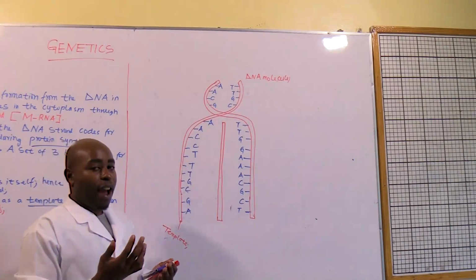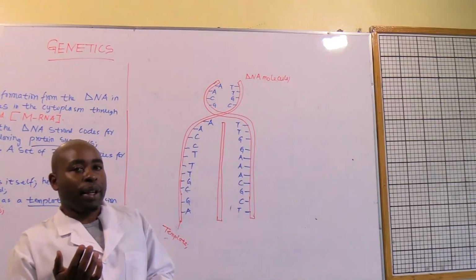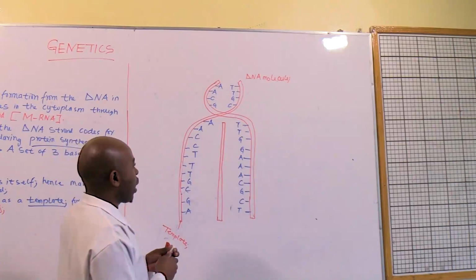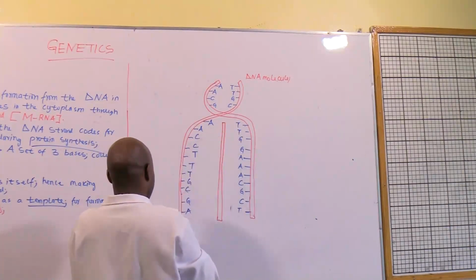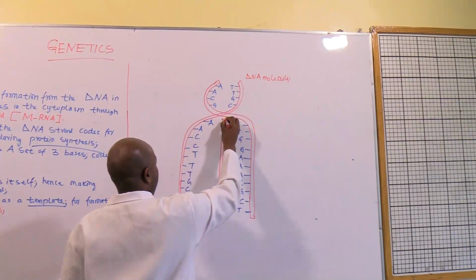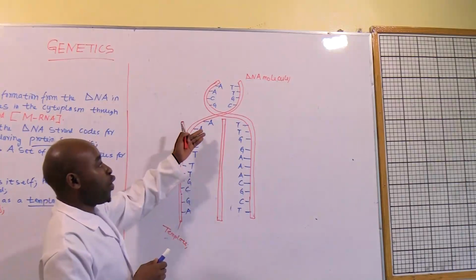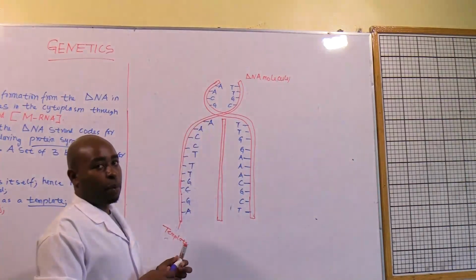And remember, in RNA, the base adenine is replaced with uracil. So in case here we have adenine, adenine will not pair with thymine because you don't have the base thymine in RNA, but it is replaced by uracil.